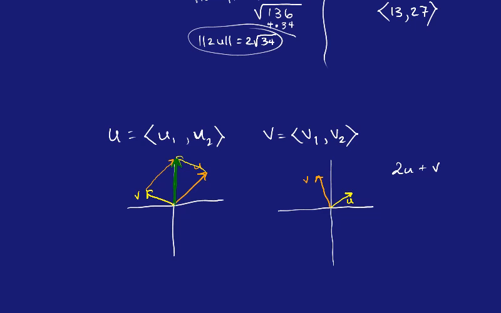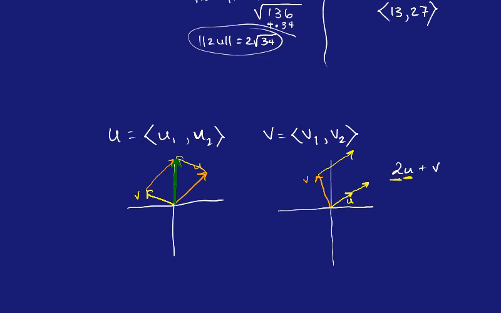That's v. Okay? And so if you have to do 2u plus v, then remember, what does 2 do to this vector u? Well, it's going to double its length. So now you're actually going to have two of them.